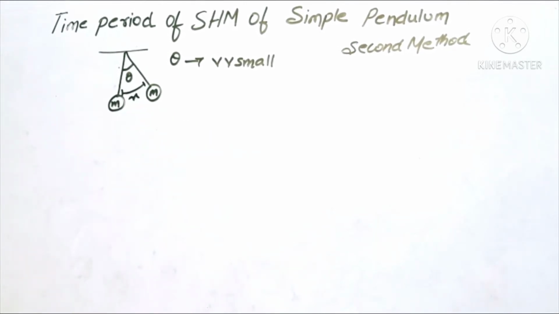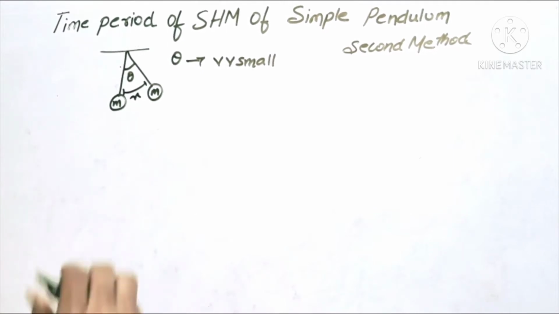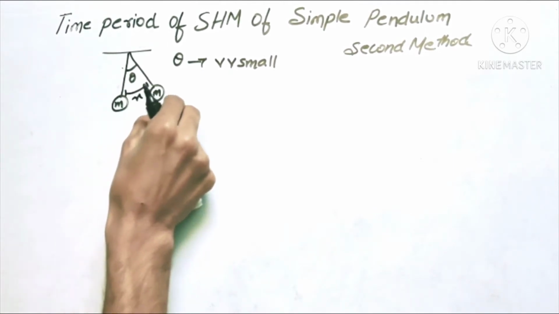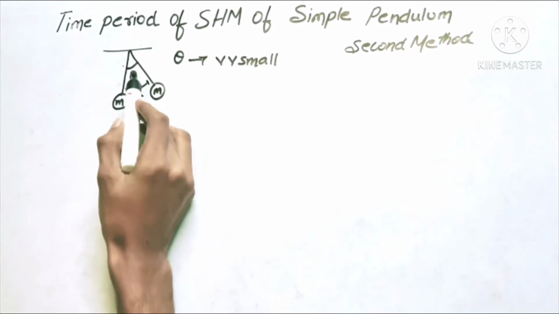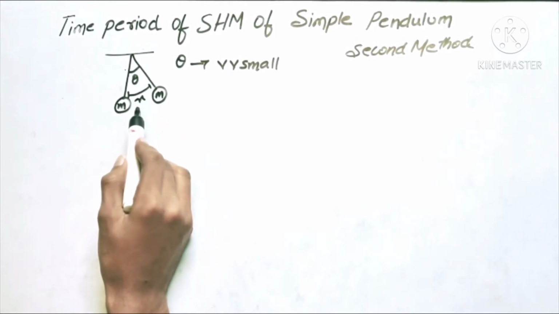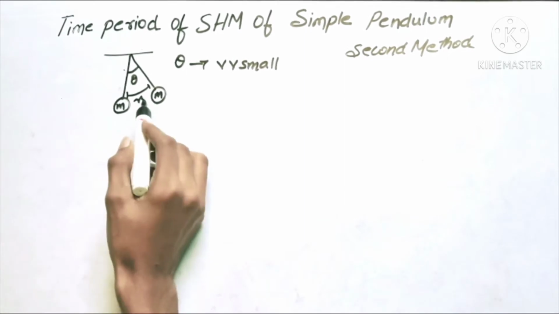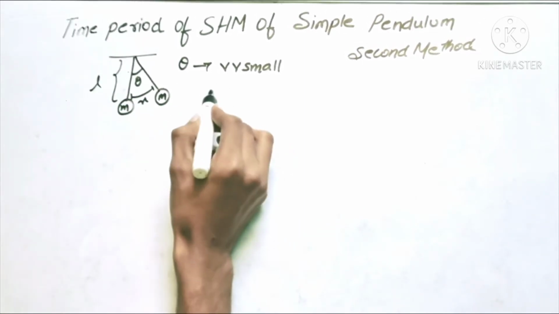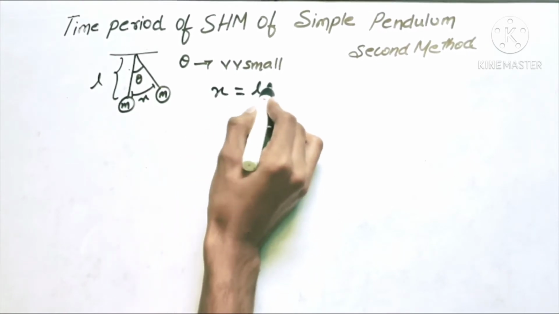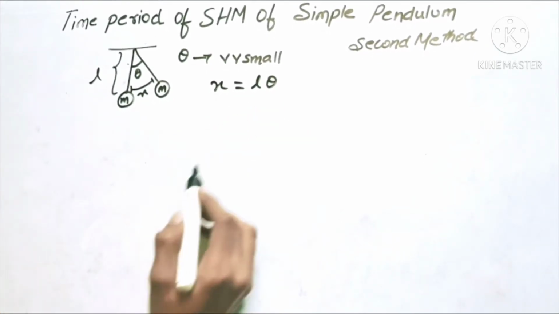We held this bob and displaced it a little bit, and this theta is very small, so this x will also be very small. This is your L, so this x will be L theta.